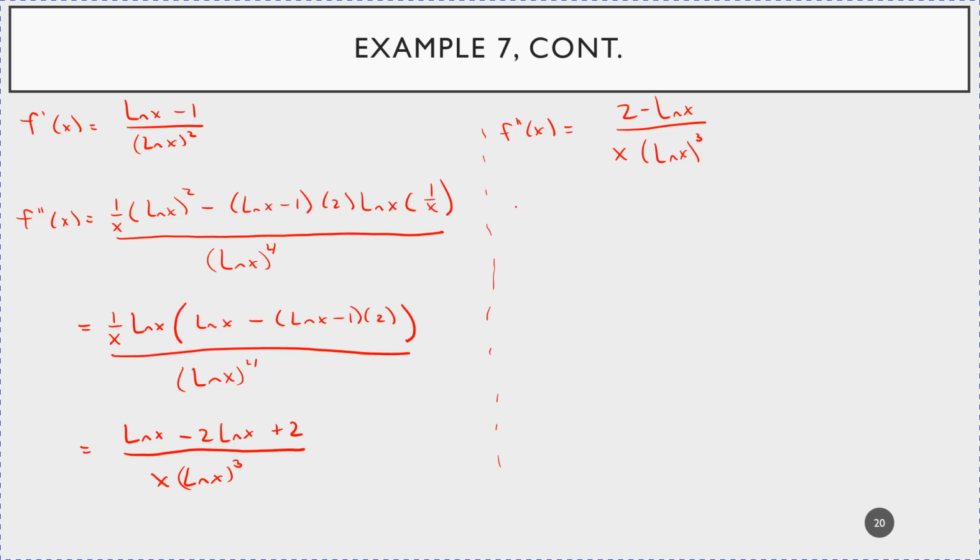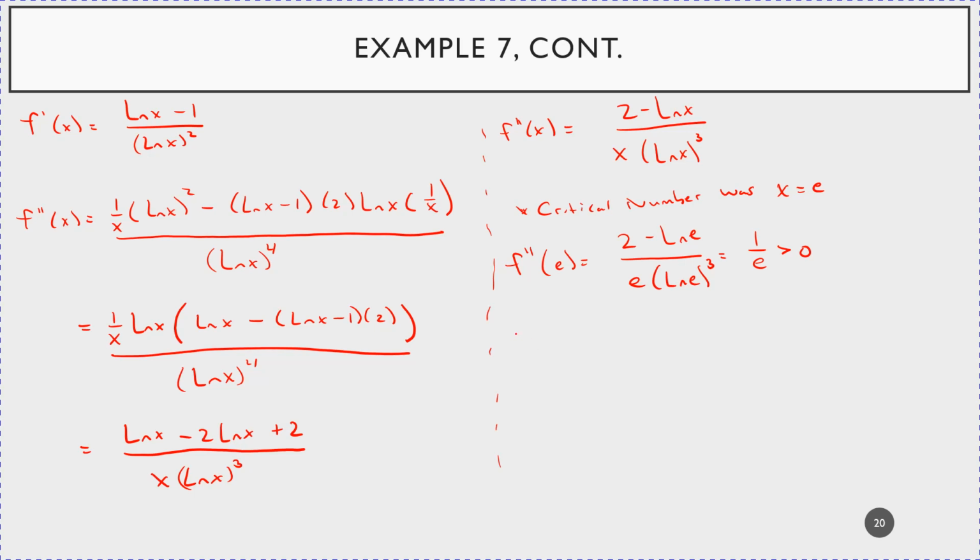All right, so my critical number here was x equal to e. If I plug that in, f double prime of e is 2 minus ln of e over e times ln of e cubed. Well, what is that? ln of e is 1, so that's all 1. So this ends up just being 1 over e, which is greater than 0.